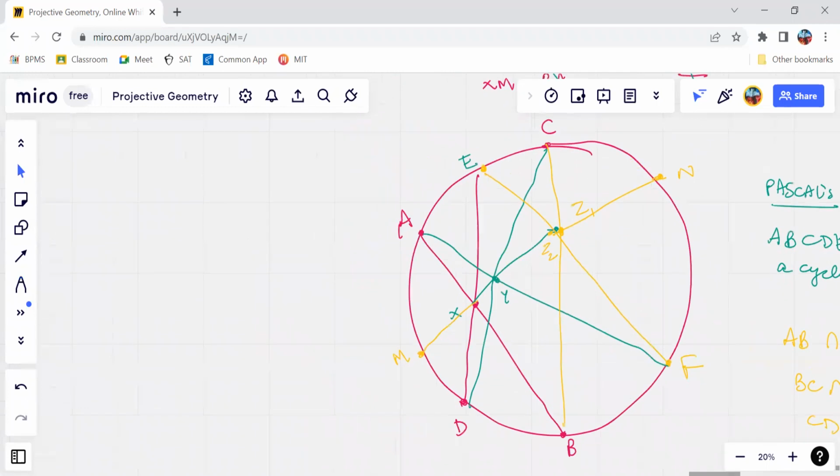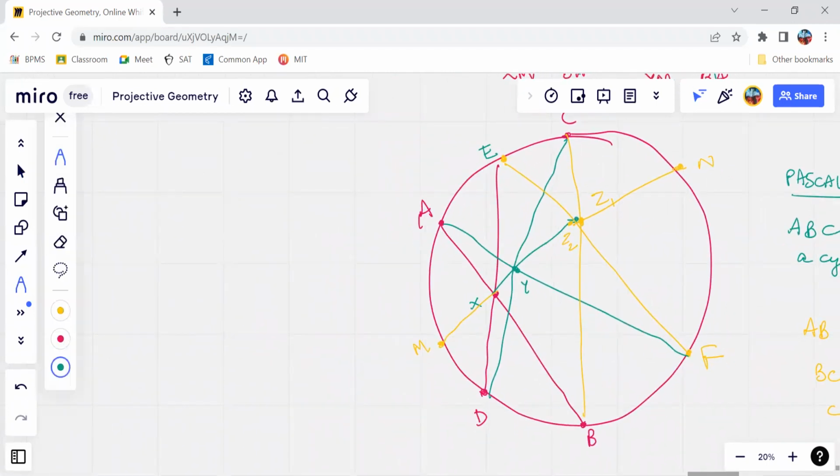Since we're going to end up projecting onto this circle, let's pick M, Z1, Y, and N. Suppose I want to project through C first, so I definitely want to keep Y and Z1.